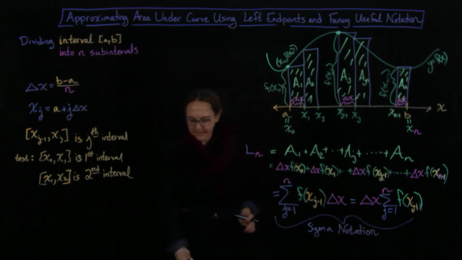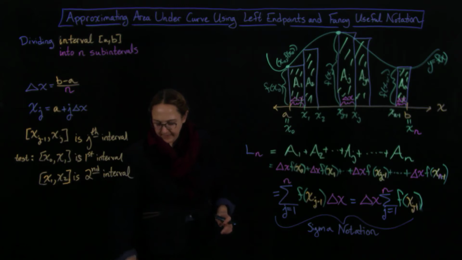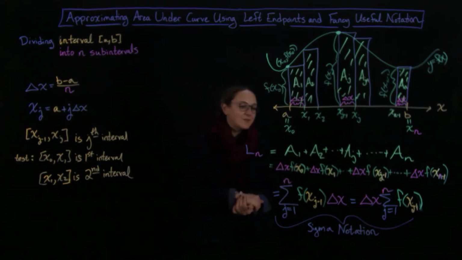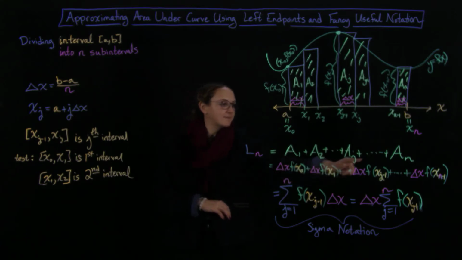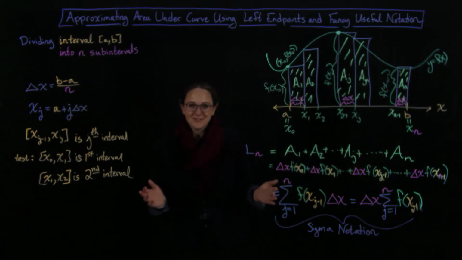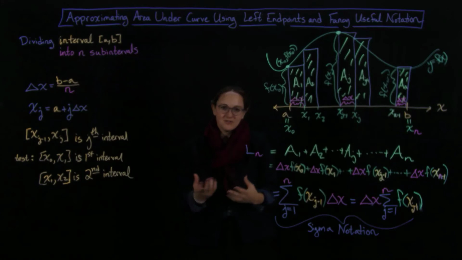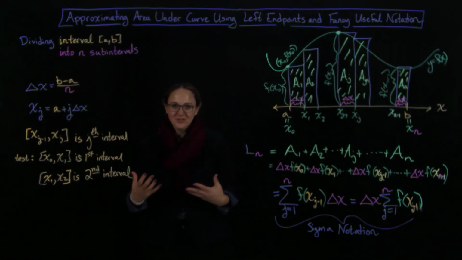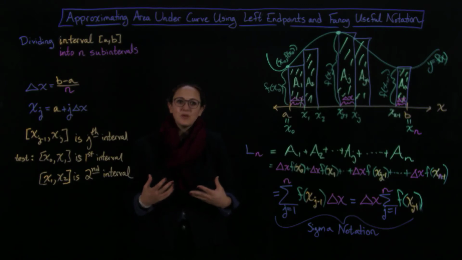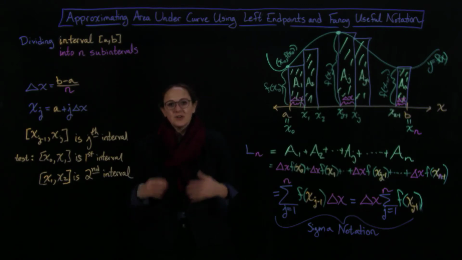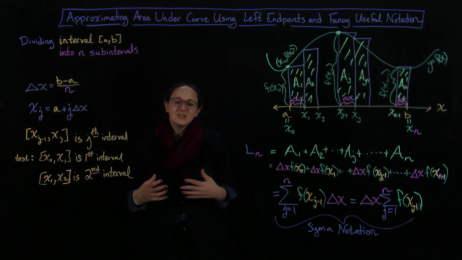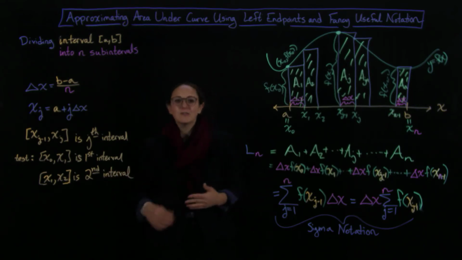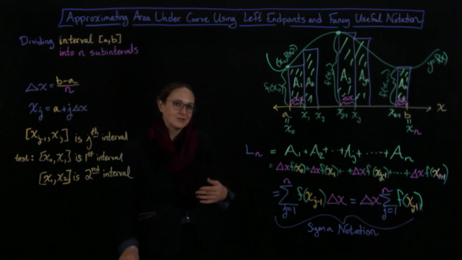And one of the things that can really help, if you're getting a little confused by summation notation, is to write out a few of the terms, kind of like we have here, and align those in a particular circumstance and see if you kind of believe and understand how it works. I understand sigma notation takes a while to get used to. It's a little tricky. It's notation. But one of the things that happens that's really useful when you use notation is that then you can do things like take limits and work in more complicated circumstances.